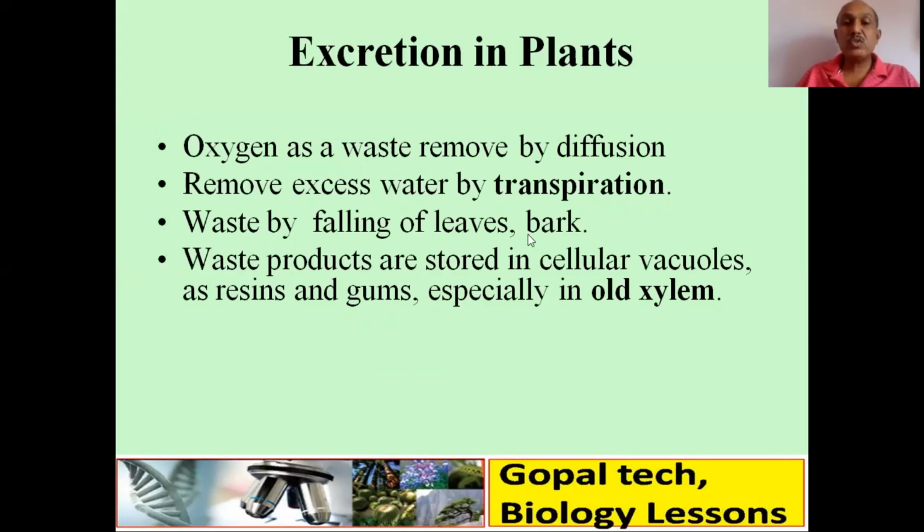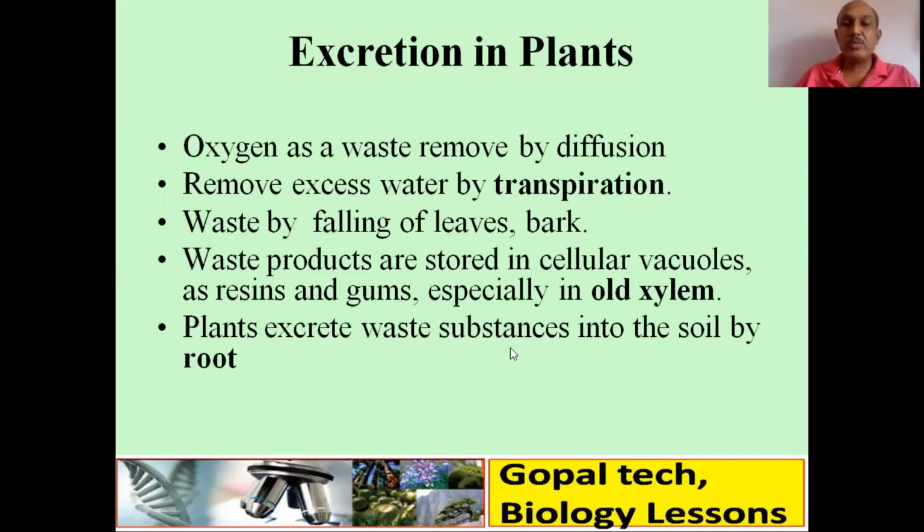Waste products are also stored in cellular vacuoles as resins and gums, especially in old xylem. You might have seen that when you cut any small part of the stem, some liquid oozes out, that is the waste. Plants excrete waste substances into the soil by roots.